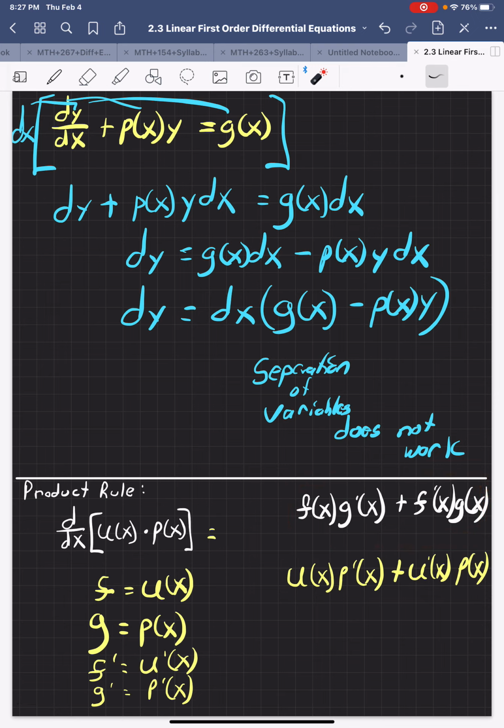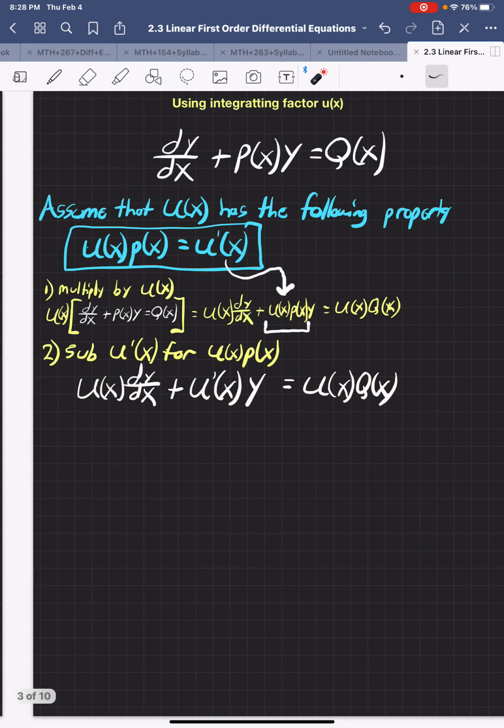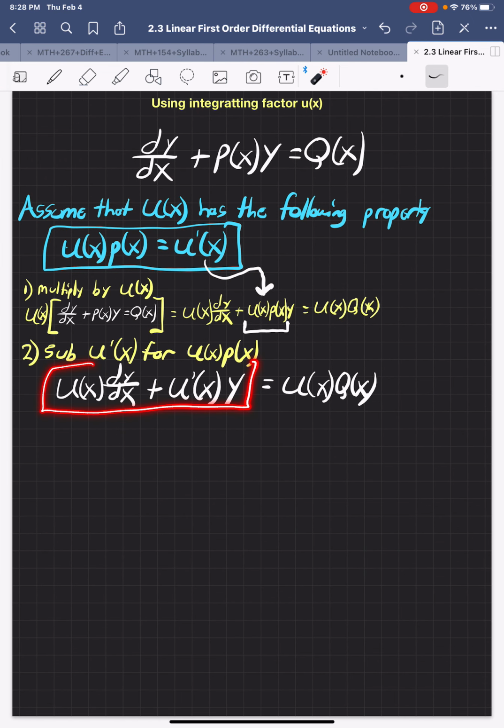And what we said is, look, if we have a scenario like this, then of course we can rewrite it as d dx, right? So the entire left side of this equation is simply the derivative with respect to x of what? So we're going to rewrite the left side of the equation.